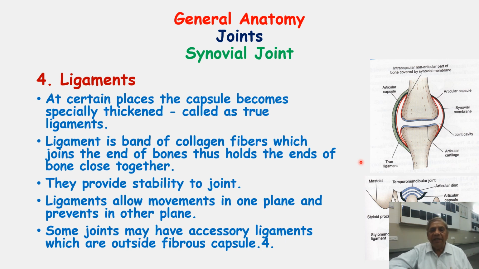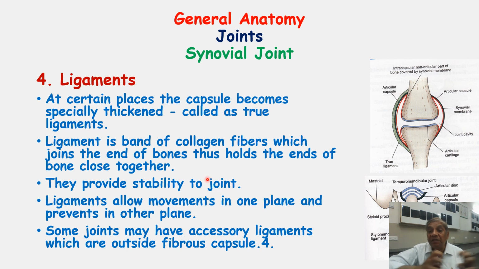It is a flattened rope-like structure in most joints, resembling your nylon rope, which you cannot stretch. It is inelastic. So a ligament is a band of collagen fibers which joins the ends of the bones, thus holding the ends of the bones close together.